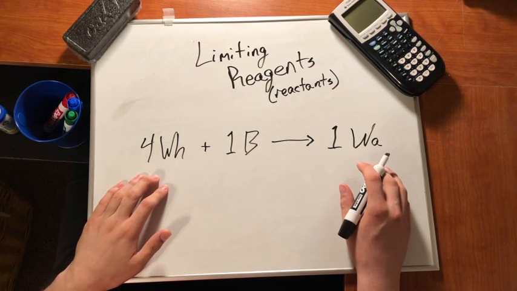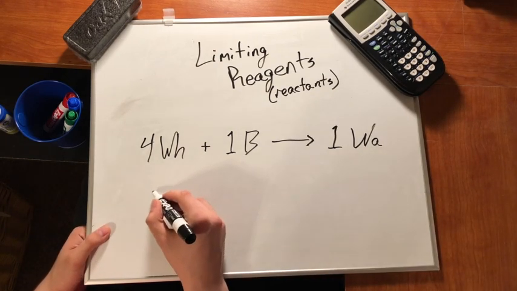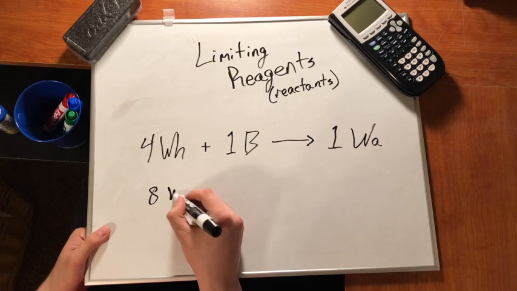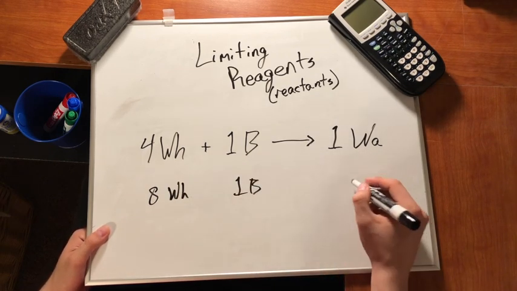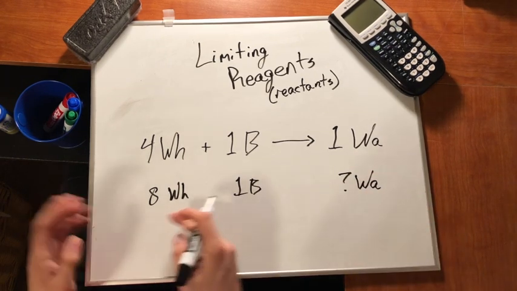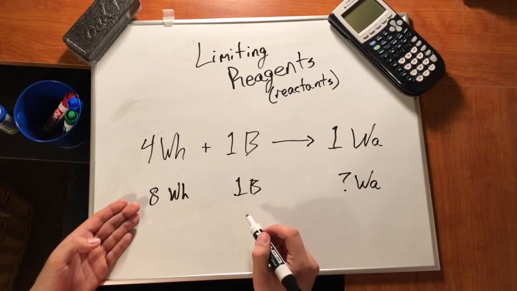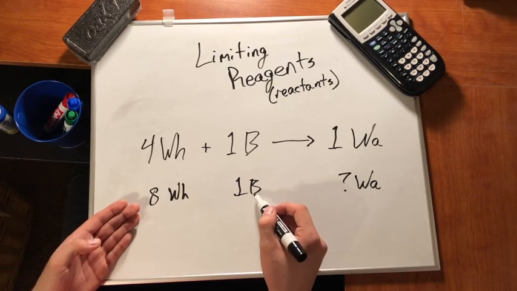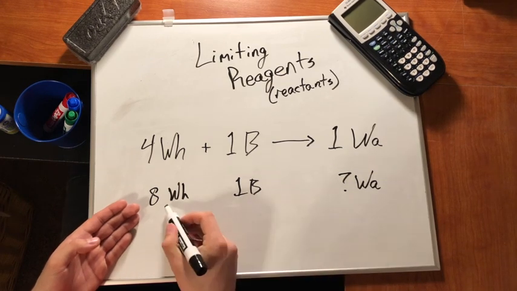Okay, so let's just say I had 8 wheels but only 1 body, and I want to ask, okay, well, how many wagons can I make with these parts that I have? Well, we can see pretty quickly that if I only have 1 body, I can only make 1 wagon, right?